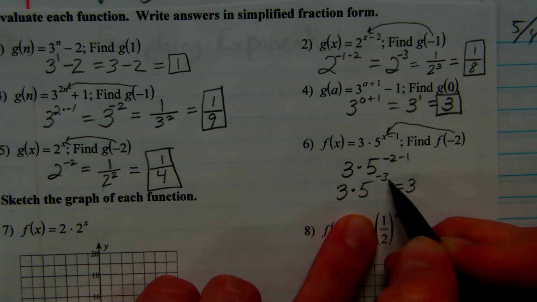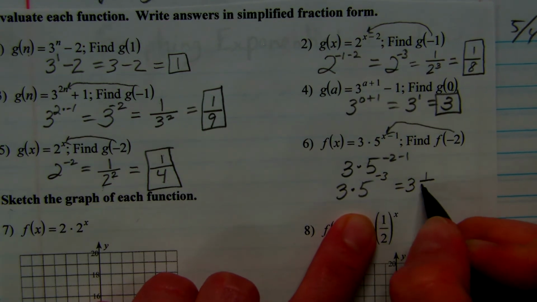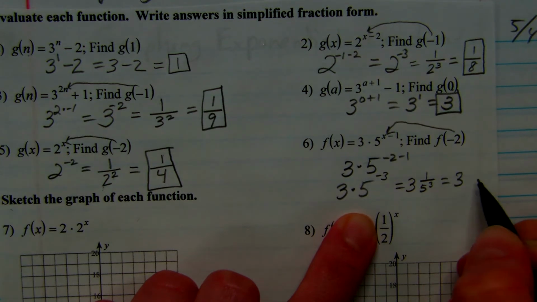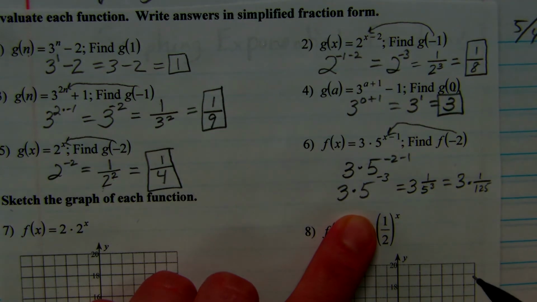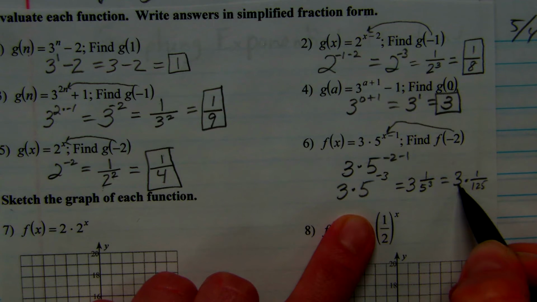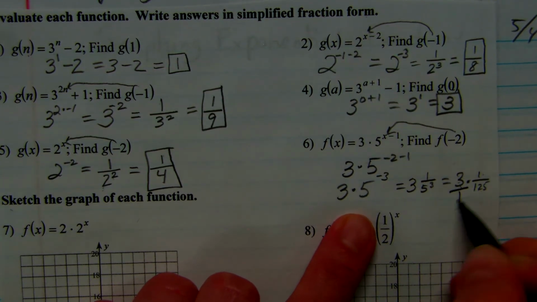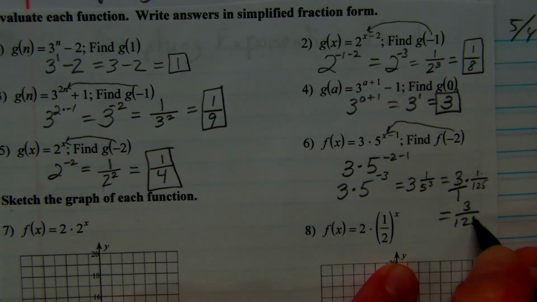And 5 to the negative third would become 1 over 5 to the third, which would be 1 over 125. How do I multiply a whole number with a fraction? You can make 3 a fraction as well. So 3 over 1. And then you just multiply across. So it ends up being 3 on the top and 125 on the bottom.